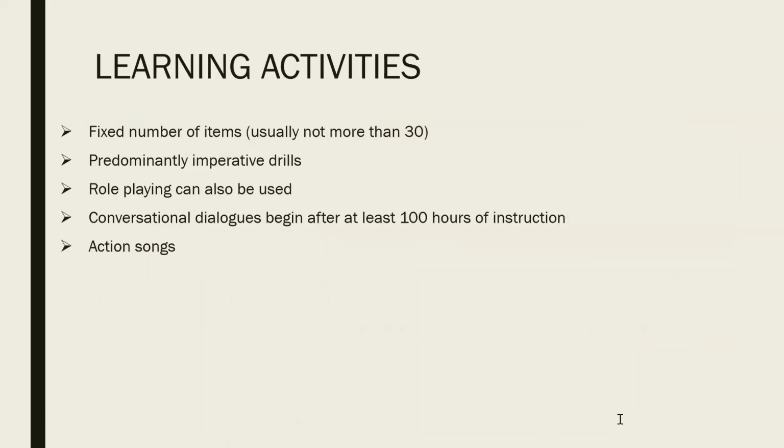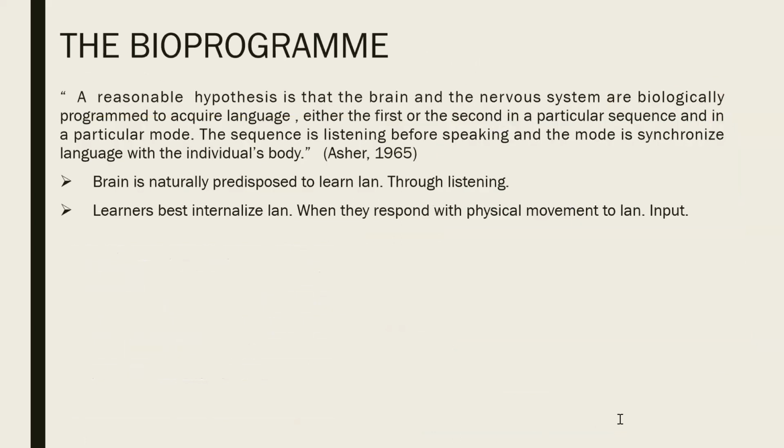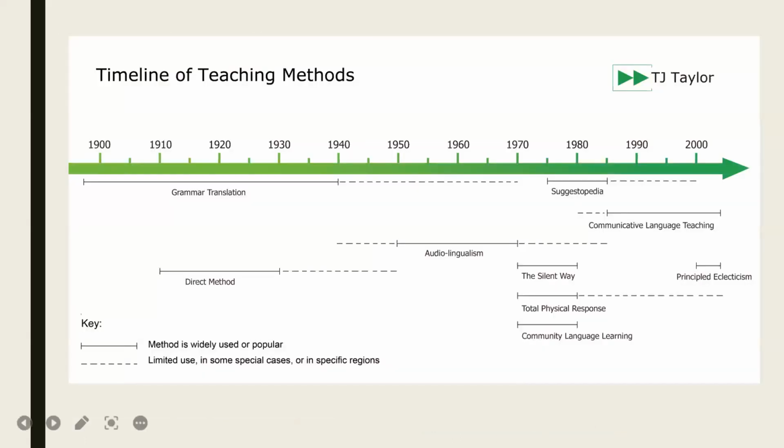If I take you to this slide, you can see language teaching methods here. Principled eclecticism. That means you are drawing different techniques, strategies and concepts from different methods and combining them to make them suitable to your class. In such an approach, principled eclecticism, that is what happens in the language classroom now, right?